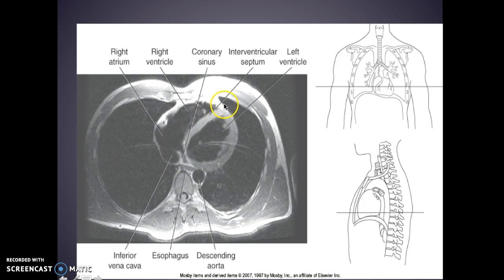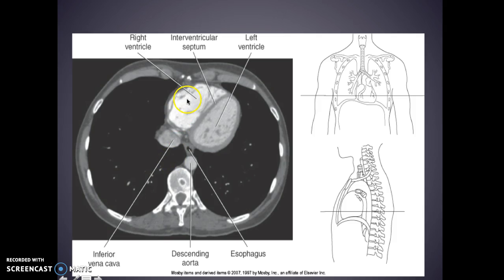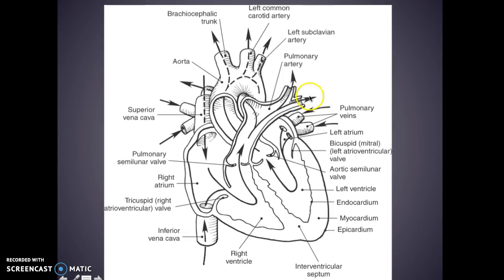Here is your interventricular septum with your left ventricle and your descending aorta, your esophagus, it's collapsed, and your inferior vena cava. So right ventricle, interventricular septum, left ventricle, esophagus, descending aorta, inferior vena cava. You can see how low we are on the reference image, so we know we're not at the superior vena cava, we're at the inferior vena cava.